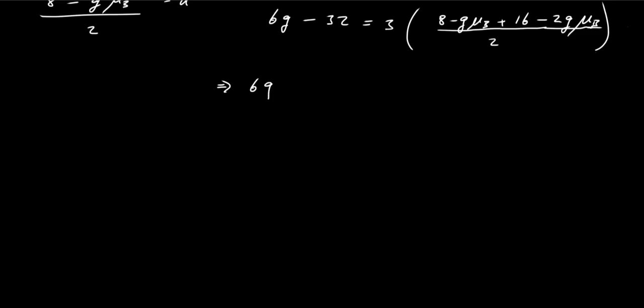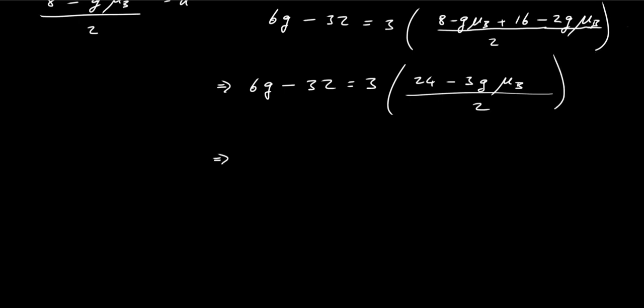So we've got 6G minus 32 is equal to 3 times, we have 8 plus 16, which is 24. We've got minus G mu B, and we've got minus 2G mu B, so that's minus 3G mu B, and that's all over 2.